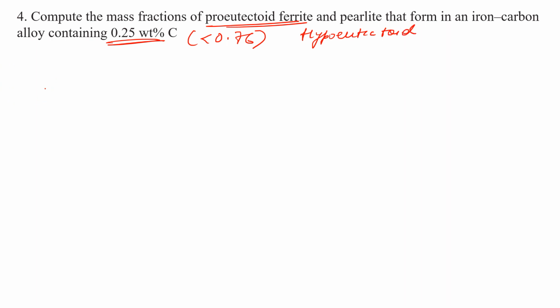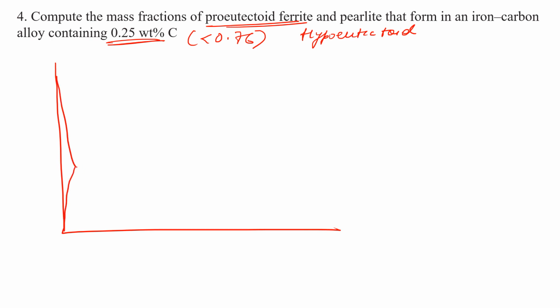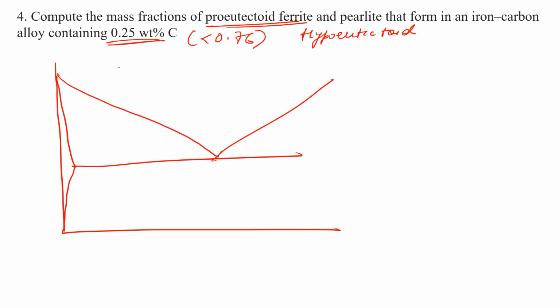We have already seen in the previous question, in case of hypoeutectoid, let's quickly draw it so that it's not confusing. So we are somewhere here, with 0.25% of carbon.